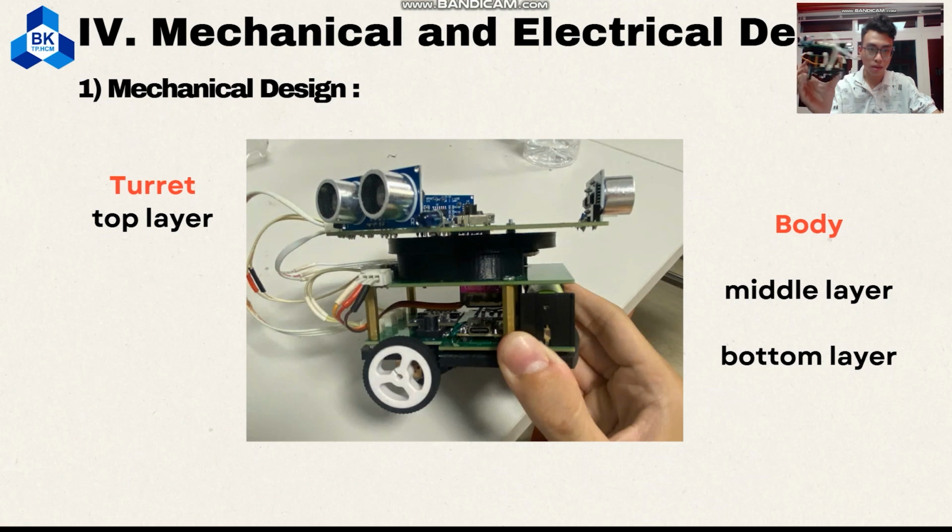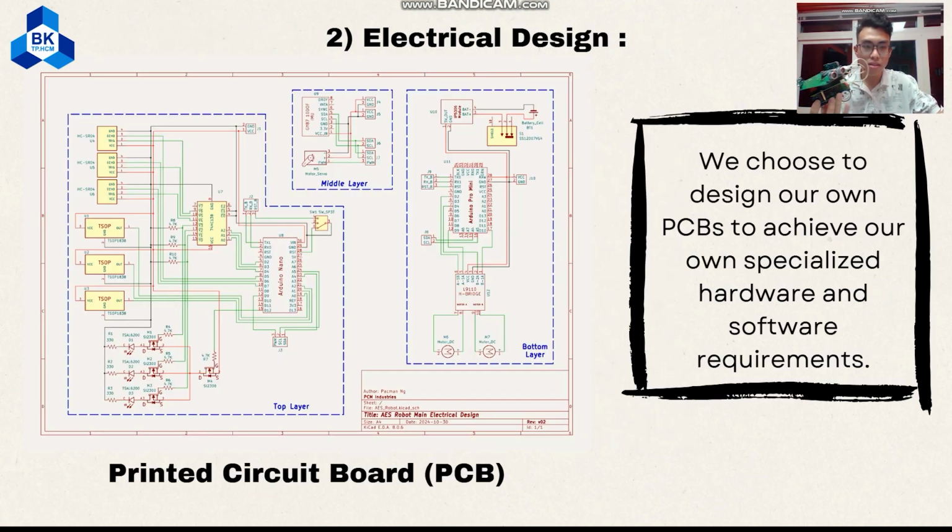Here, as you can see, our robots consist of 3 layers, and each of them has its own PCB, printed circuit board, to get rid of all the clunky wiring. This is the top PCB, this is the middle one, and this is the bottom one. This is our full product.